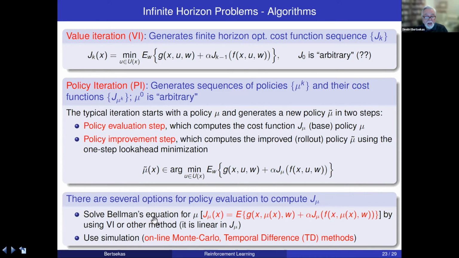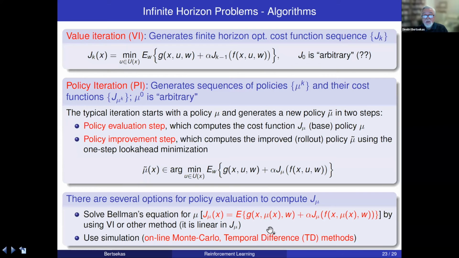Solve the Bellman equation. It's also possible to solve it either by MATLAB, or you can solve it using value iteration. Crank this iteration here, but without the minimization, with mu of x instead. That would be another way to solve the Bellman equation iteratively.